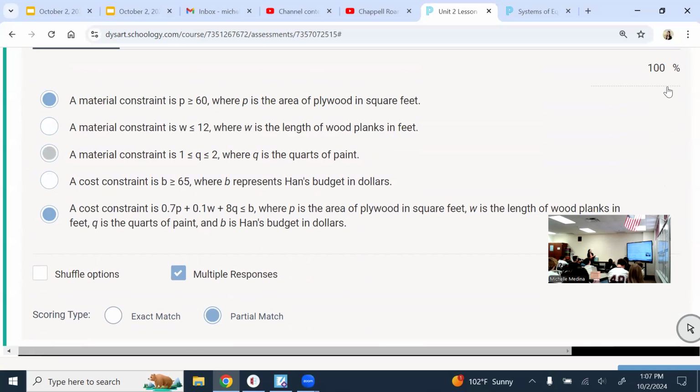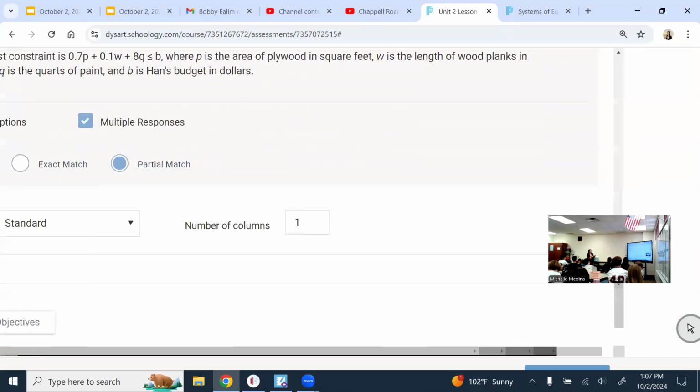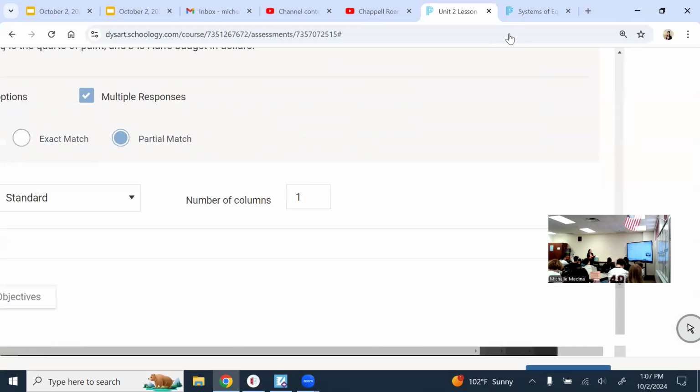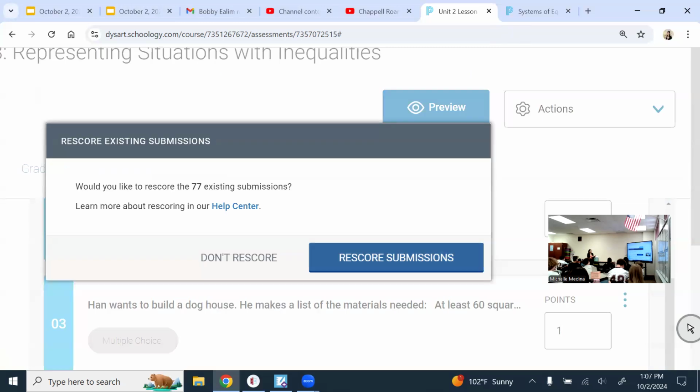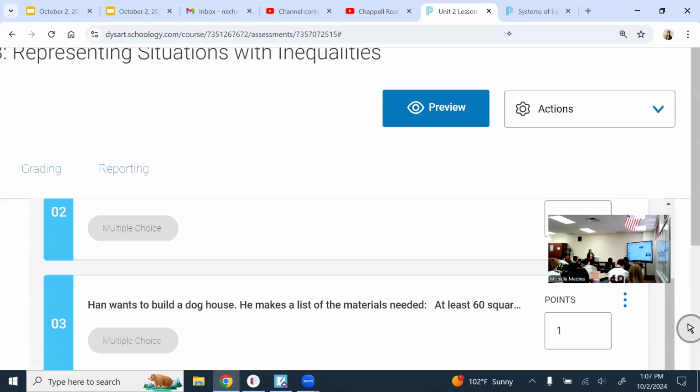Oh, this is right. Is it not? Let me check the other key, but I'm tempted to fix it to where it includes that one. So I'll check that one later, but I'll at least make it to where it gives you partial credit for now. And I do think that is correct. So we'll see. I'll check that.